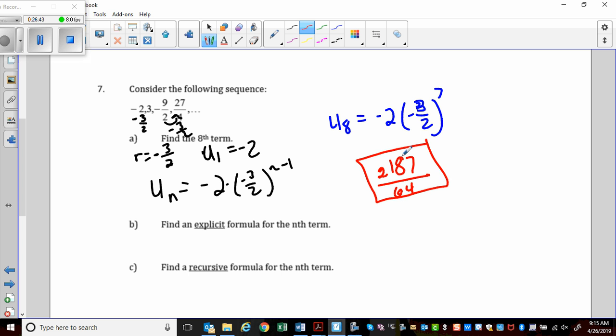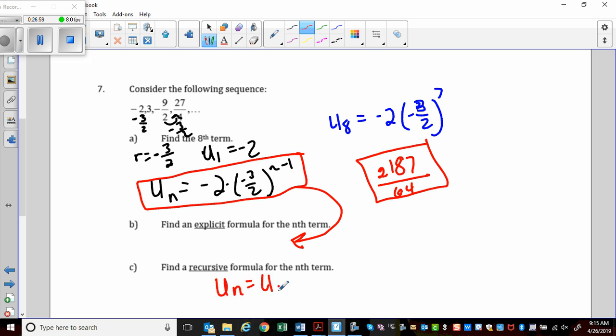So that's actually simplified. Find an explicit formula for the nth term. Oh, this is going to be for the nth term right here. Okay. Find a recursive formula for the nth term. So u sub n equals u sub n minus 1 times r. We know our r is negative 3 over 2.